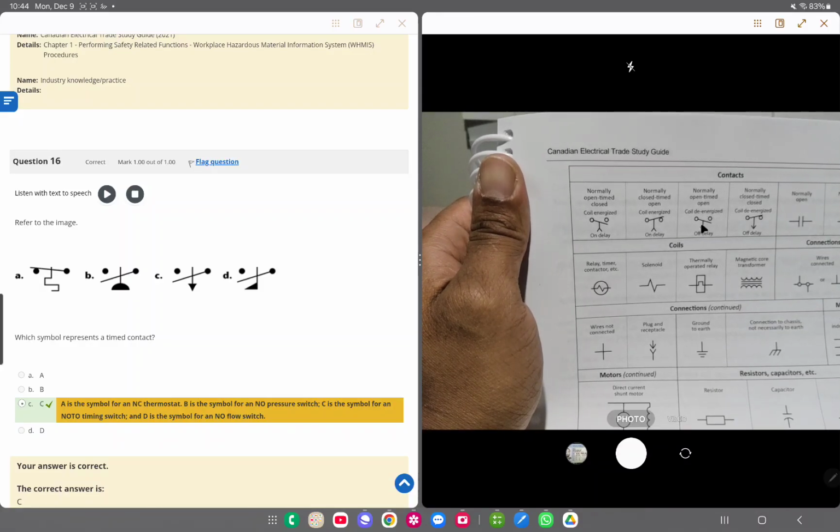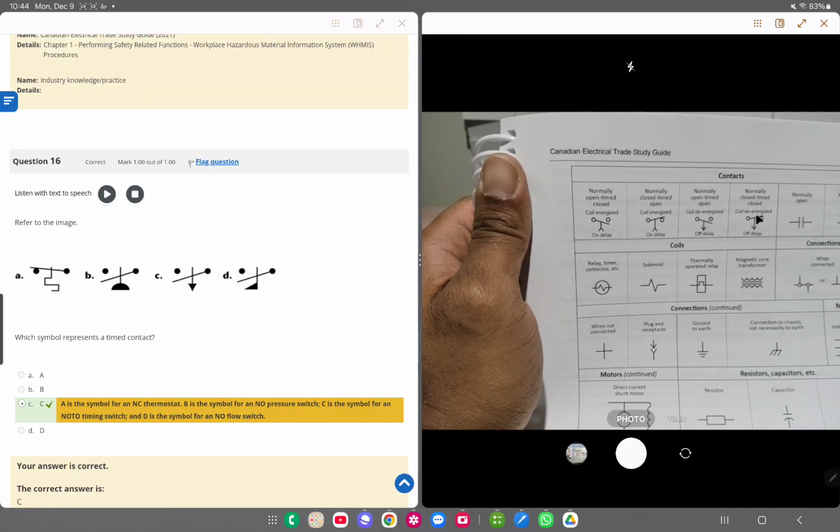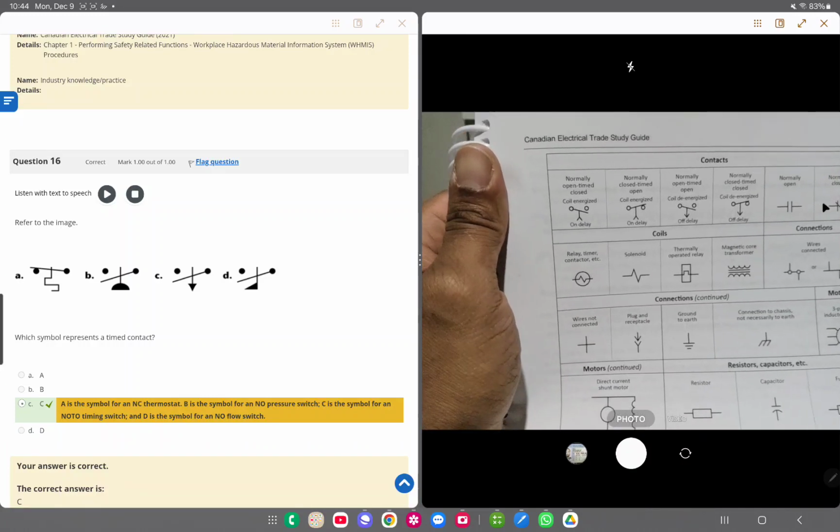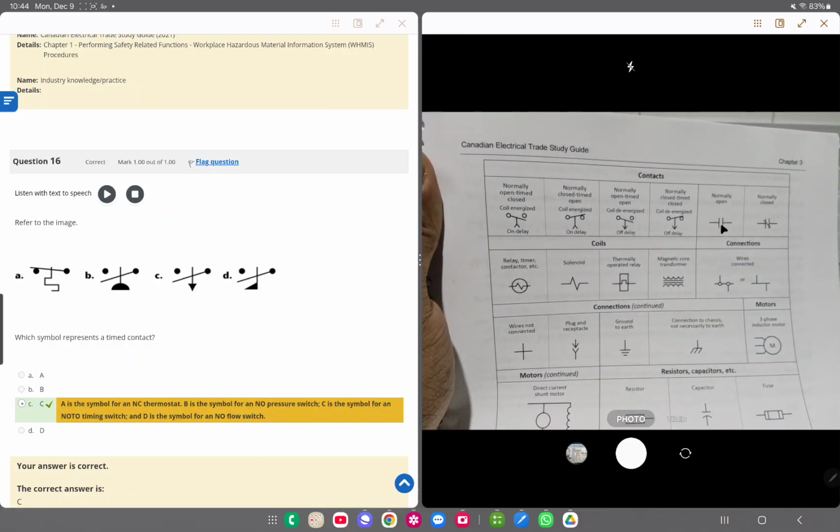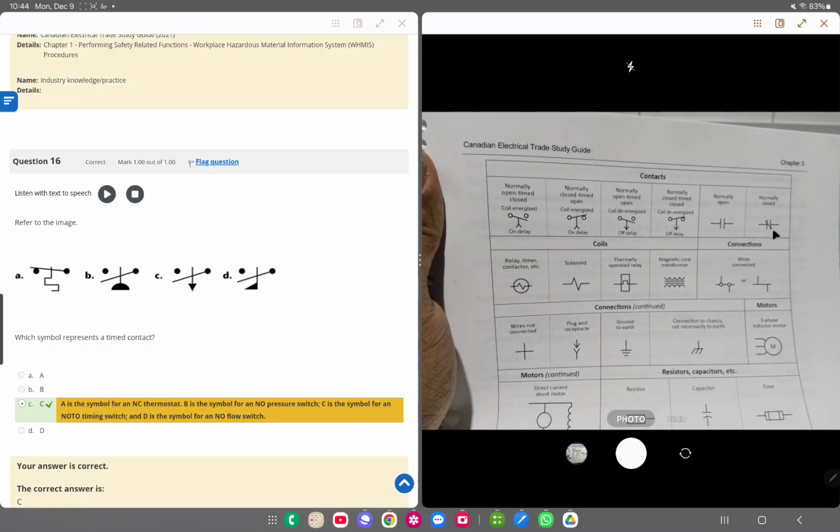And then we have normally open, held open, timed open, normally open, timed open, normally closed, timed to close, a normally open contact, just normal, and normally closed.